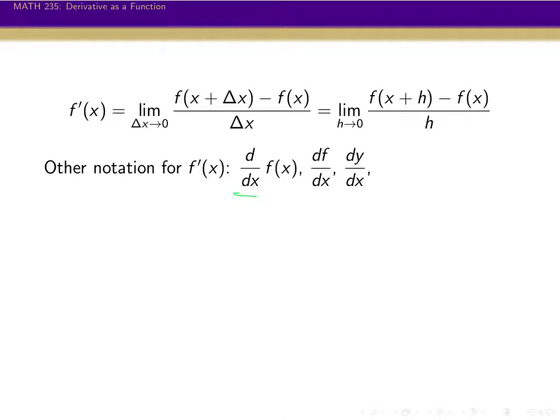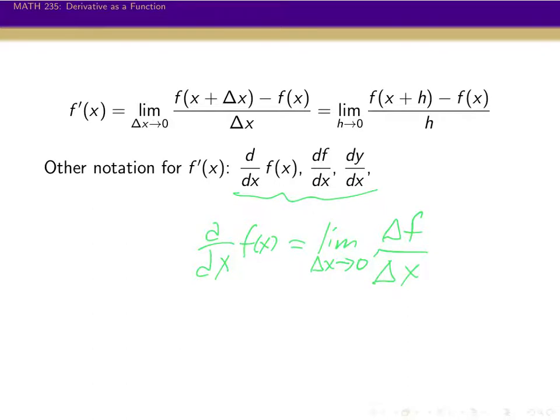And really, for all three of these, df dx, or any one of these, is coming from taking the limit as delta x goes to 0 of delta f over delta x. The d here is a change from delta, which starts with d, into just d.